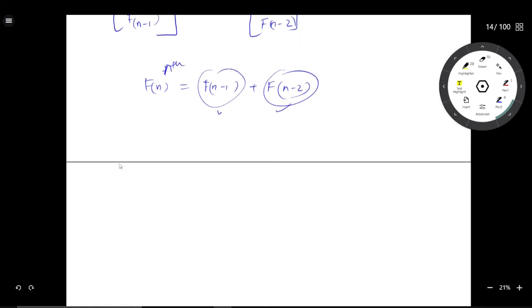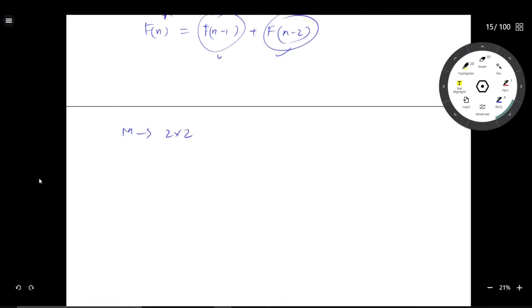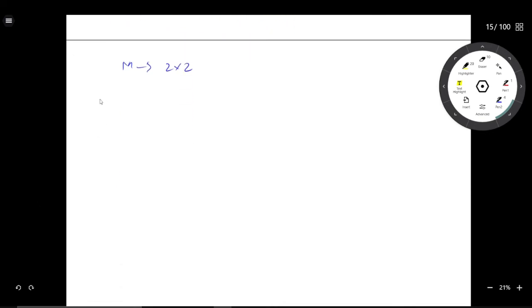So we will assume that the matrix is of order 2 by 2. Let me rewrite the formula once again: f(n), f(n-1) is equal to M times f(n-1), f(n-2).